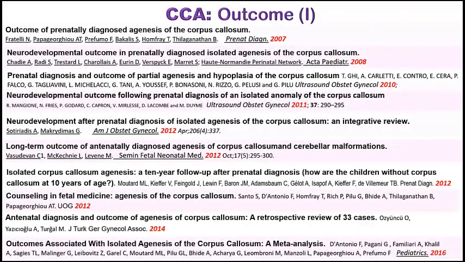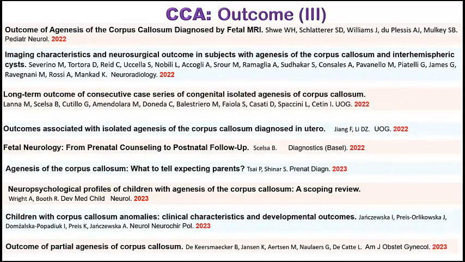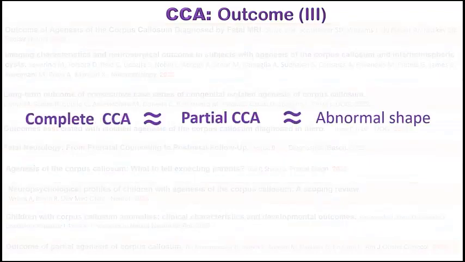after reading the literature published in the last 15 years about the outcome of corpus callosum anomalies, we can conclude that all the corpus callosum anomalies, irrespective of their extent, complete or partial or dysplastic, have almost the same outcome.